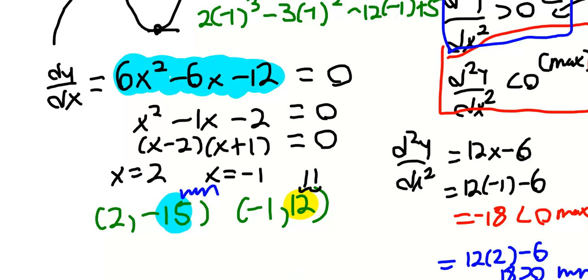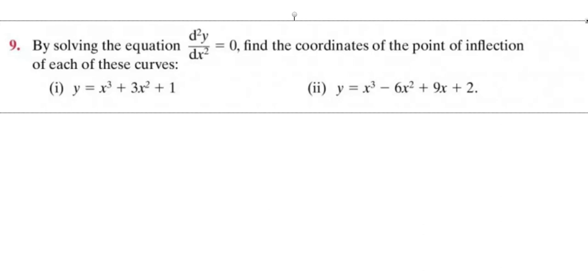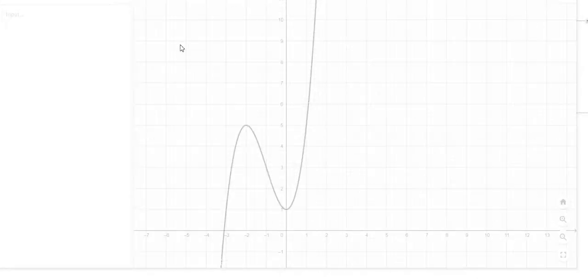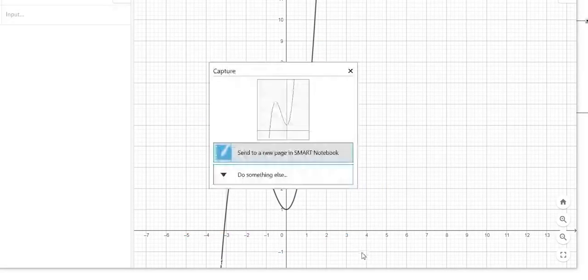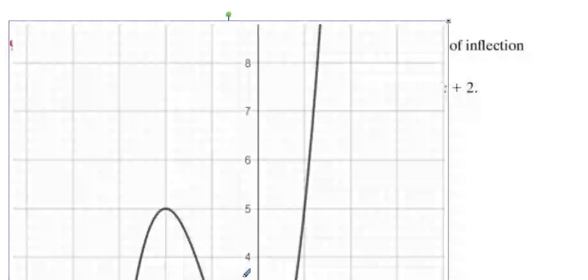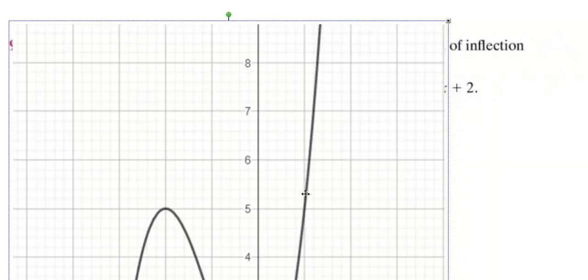Okay. Now, guys, we're going to see something called point of inflection. You ready for this? And I took the liberty of drawing the diagram earlier. Okay? So this is the diagram. If you were to put this into your table function, you'd end up drawing this diagram here. Okay, everybody cool with that? Now, I'll make it smaller, obviously.